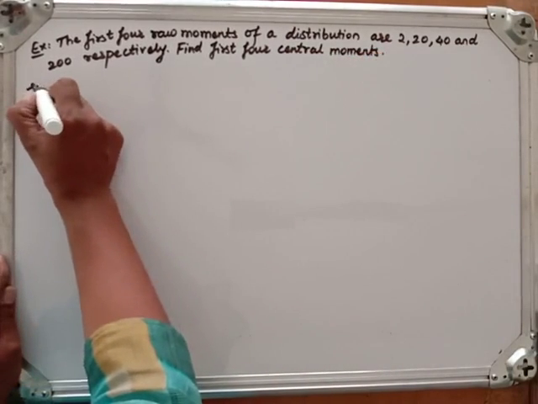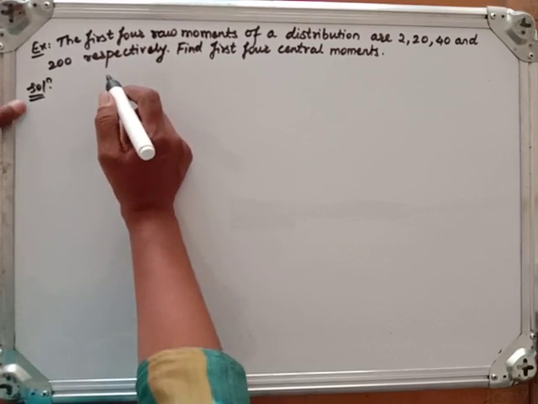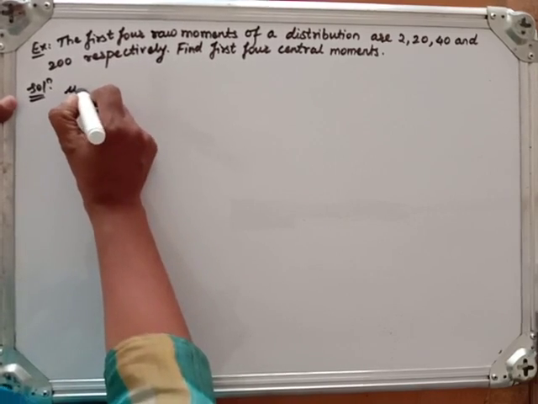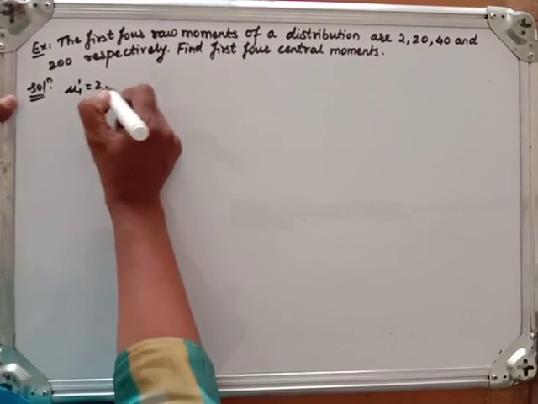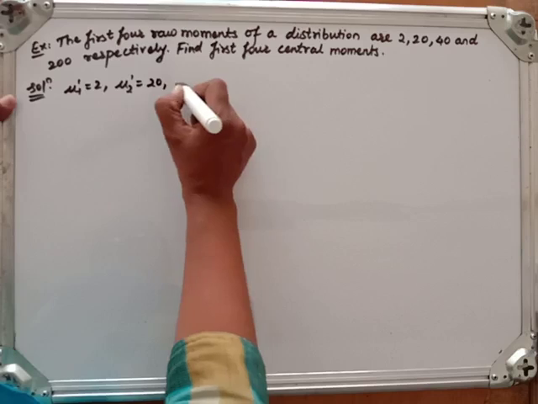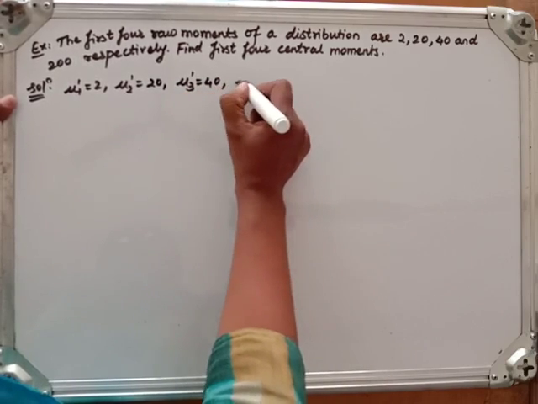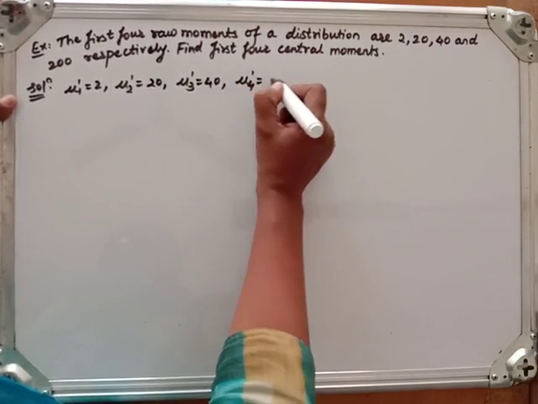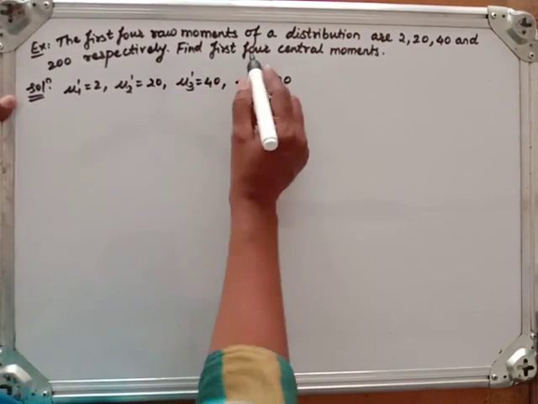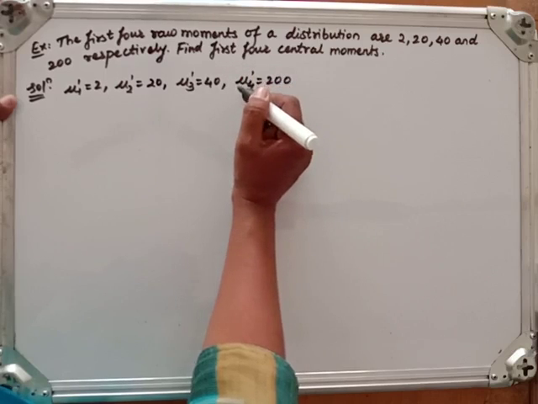Now, already such a kind of question we had solved. These are raw moments given to us, means mu1 dash is 2, mu2 dash is 20, mu3 dash is 40 and mu4 dash is 200. And what is asked? Mu1, mu2, mu3 and mu4 is asked to us.